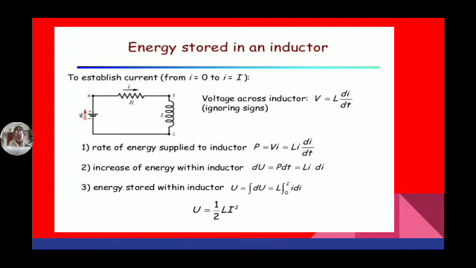Integrating on both sides to get the total energy, L into the integral from 0 to I of i di, which is I square by 2. So the energy stored in the magnetic field is E equal to half L I square.